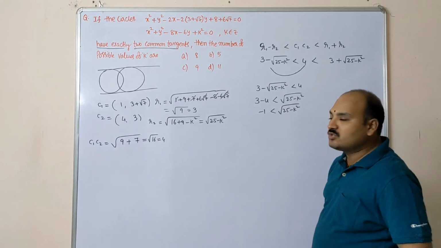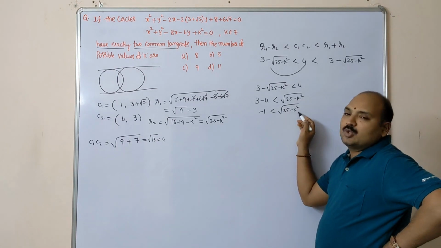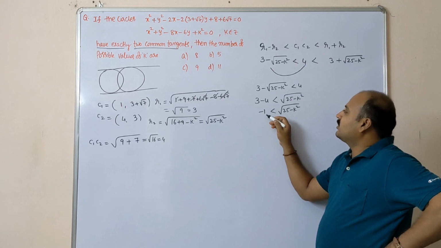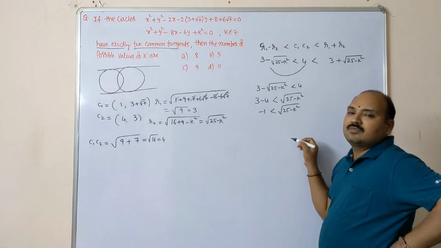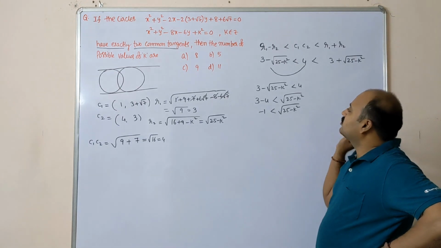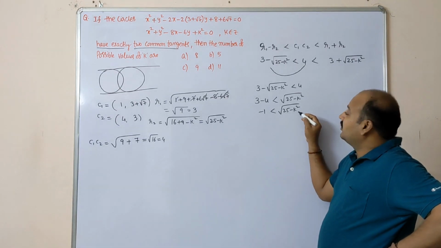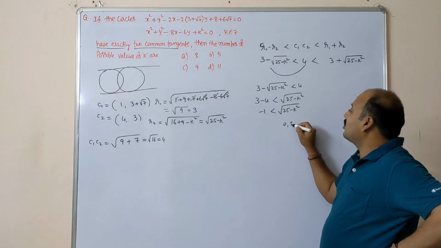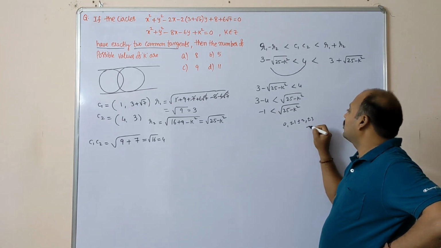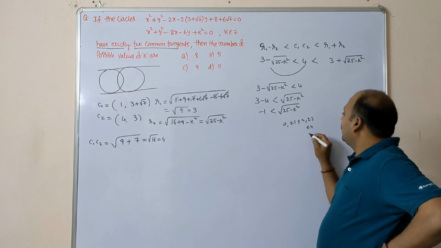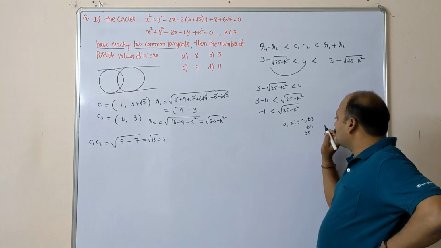If we take the values of k equal to 0 onwards, −1 < 5, and like this and so on will come. k is equal to 0, 1, 2, 3 and so on, and also ±1, ±2, ±3, ±4. Even ±5 is also possible.